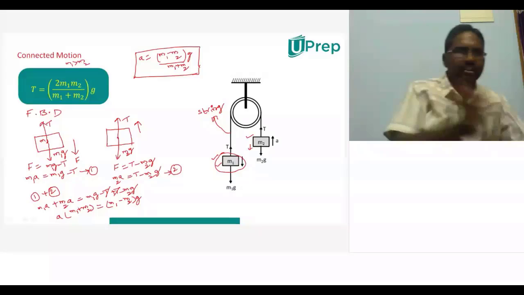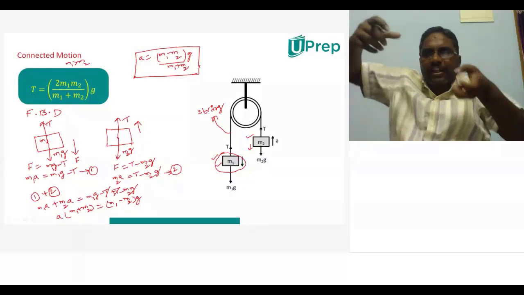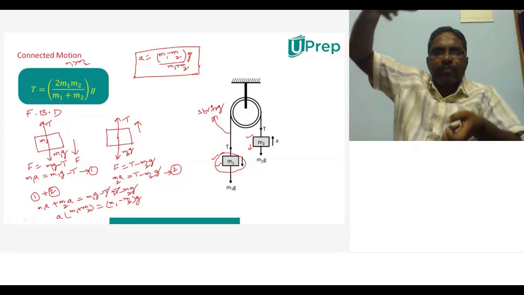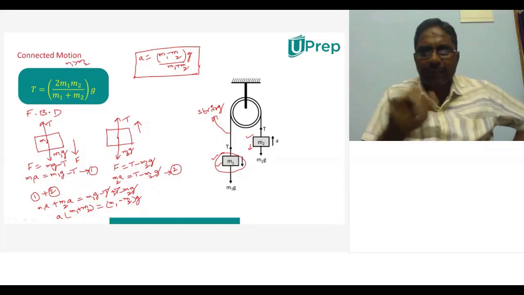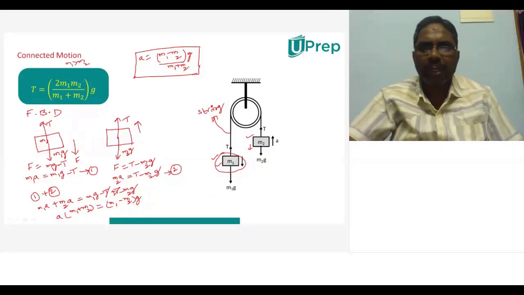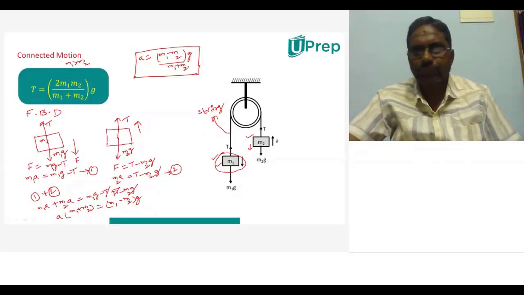As the system contains two masses, these two masses combined will move with some acceleration, and that acceleration we found here. Again, what is the equation for acceleration? A is equal to M1 minus M2 by M1 plus M2 into G. Isn't it?